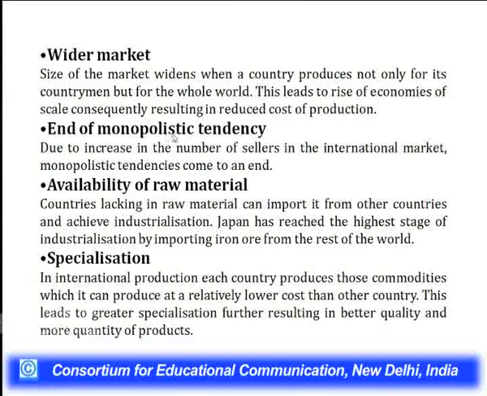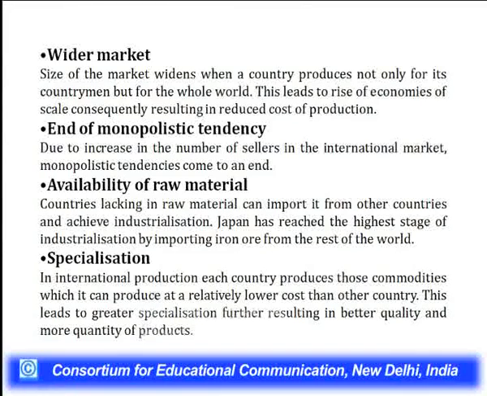End of monopolistic tendencies. Due to increase in the number of sellers in the international market, monopolistic tendencies come to an end. We know monopoly is not considered good because the monopolist can charge high prices and produce less.